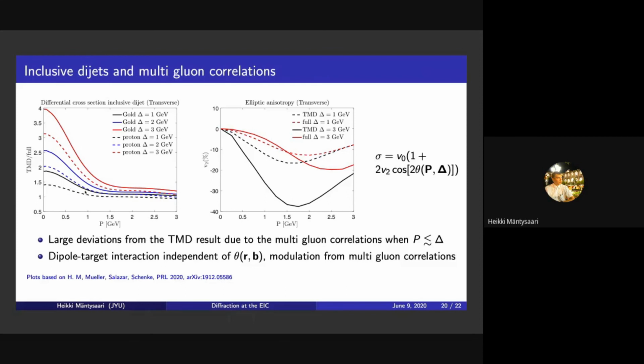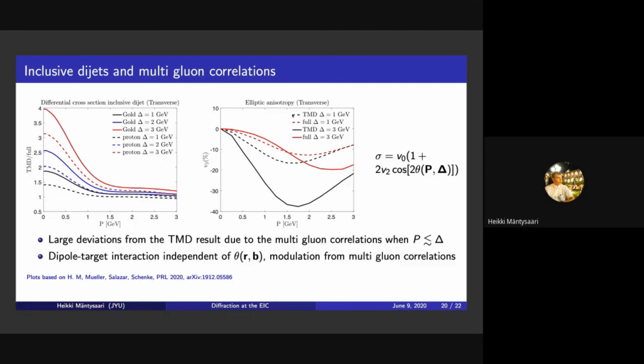So basically, if I look at, say, dijet production of gold with recoil momentum 3 GeV and dijet momentum, let's say, 0.5 GeV, then you expect a factor of like 3 difference in the dijet cross section. So there is a huge effect in this kinematical region, where these multi-gluon correlations have a huge effect on the dijet production cross section if you are in this particular kinematics.